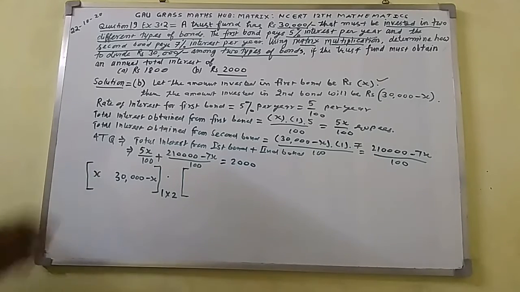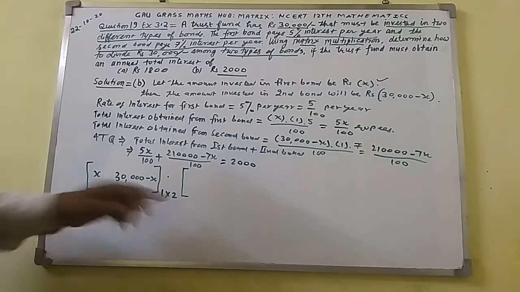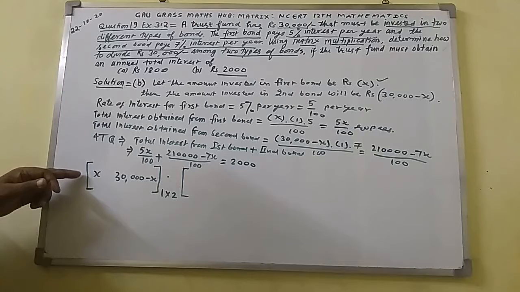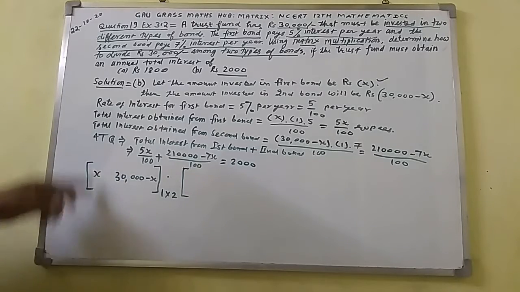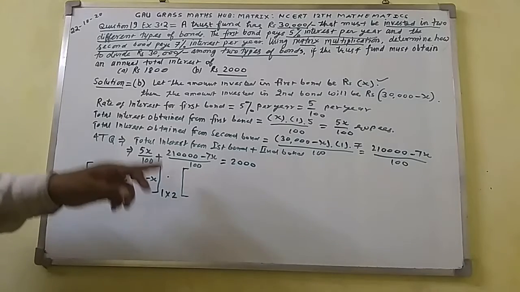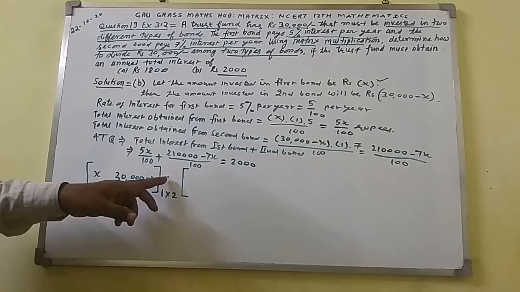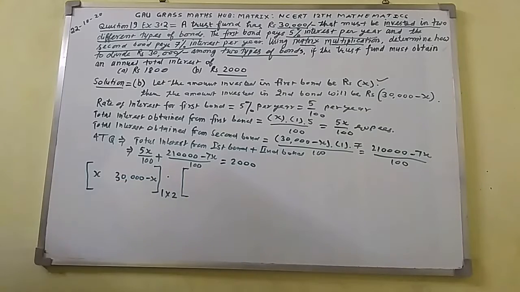In this way you have got a matrix of order 1 cross 2, with 1 row and 2 columns. When it is written using matrix multiplication, you put the multiplication sign here.